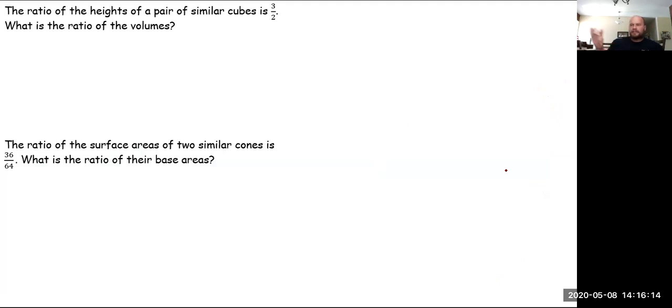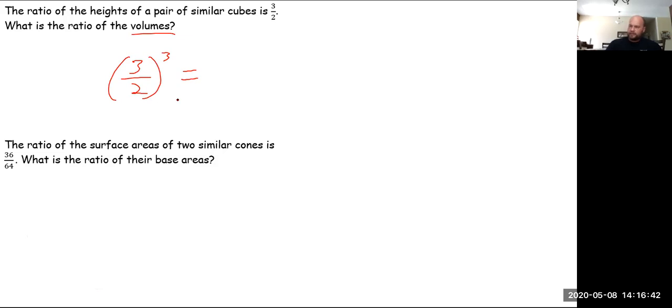So in this case, you're going to take both those numbers and cube them. So we have 3/2 cubed, because now we're talking about volume. So this is going to give us 9. Oops, no, not 9. That's only squared. 27. Let me erase that.